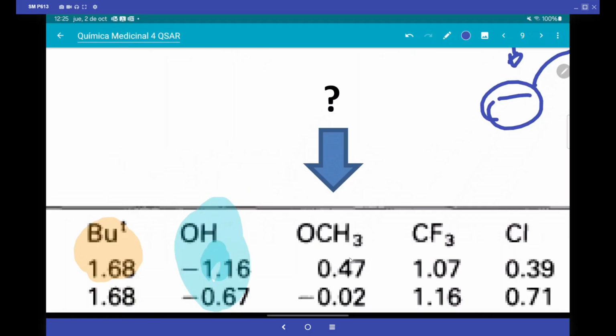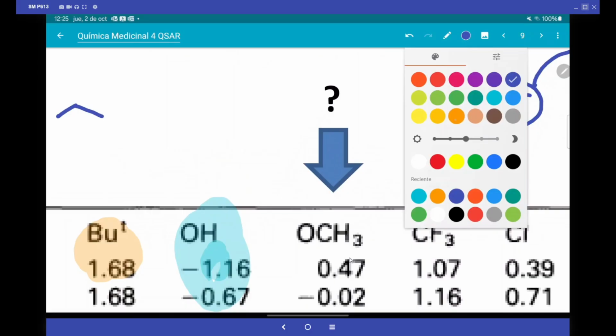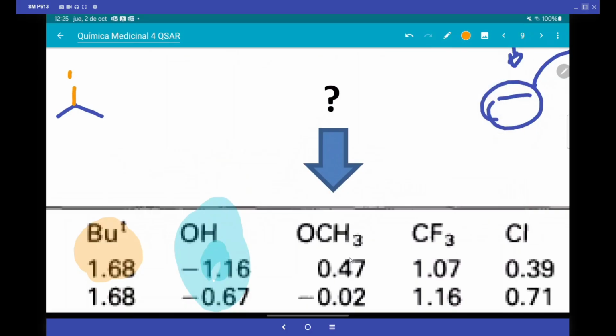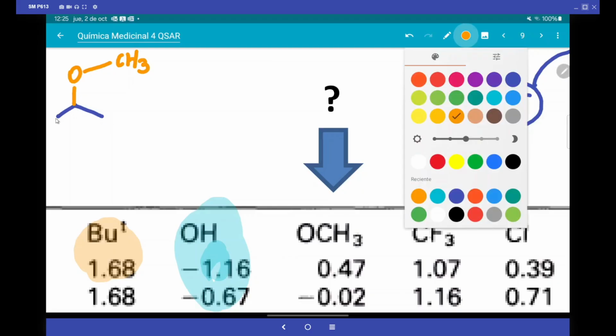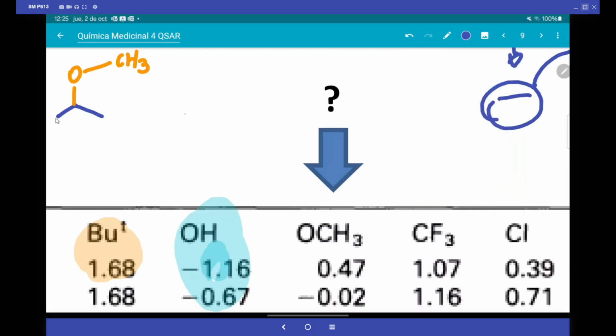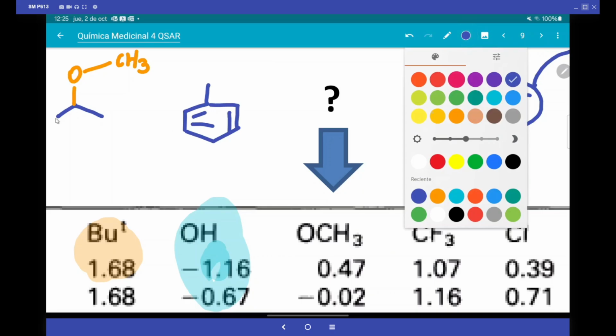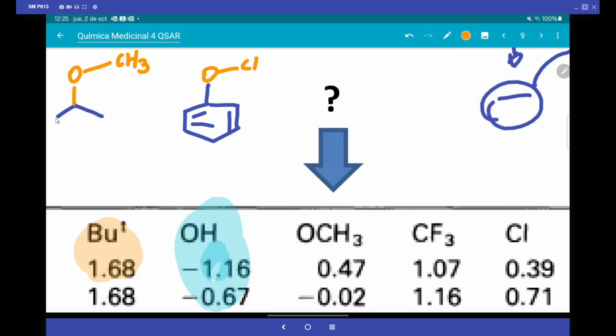When one has an aliphatic system, the methoxy group, like all ethers, contributes to lipophilia. Ethers always contribute to lipophilia. The oxygen of an ether is quite lipophilic. We have already explained it in past classes. But there is a variation when it connects to a benzene. Its pi value now tends to 0 because it can be polarized more.